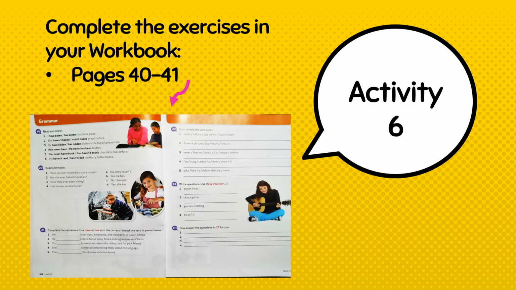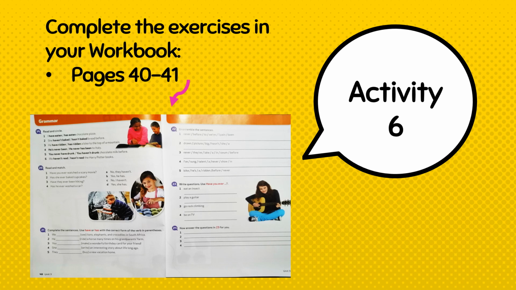Activity 6. To practice the present perfect tense, we're going to complete some exercises in your workbook, pages 40 and 41. In exercise 19, you have to circle the correct form of the verb in present perfect.